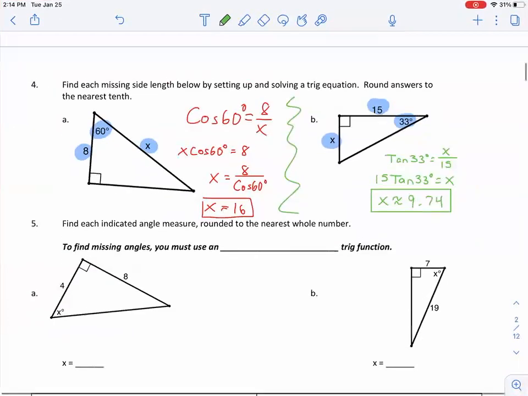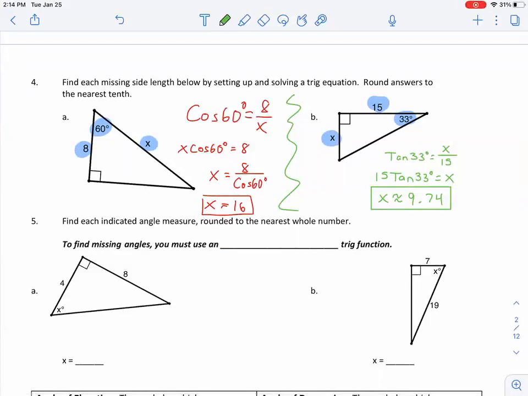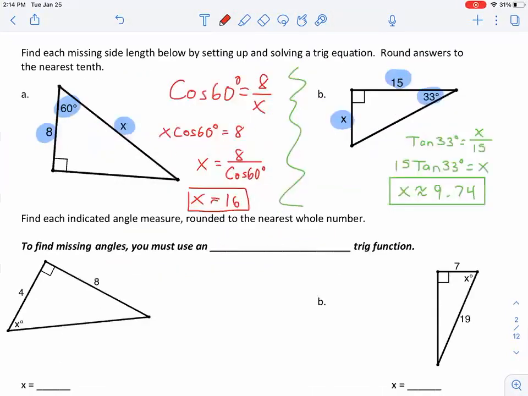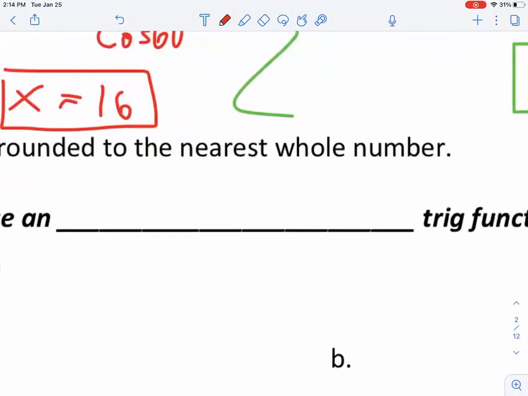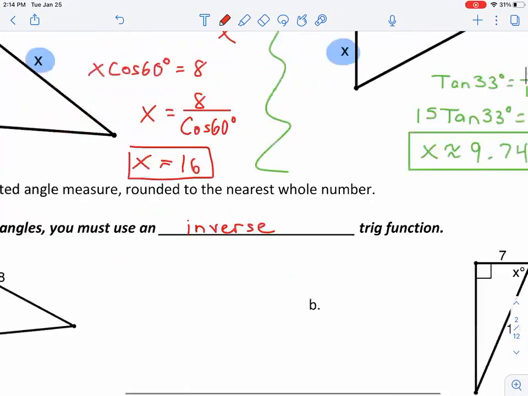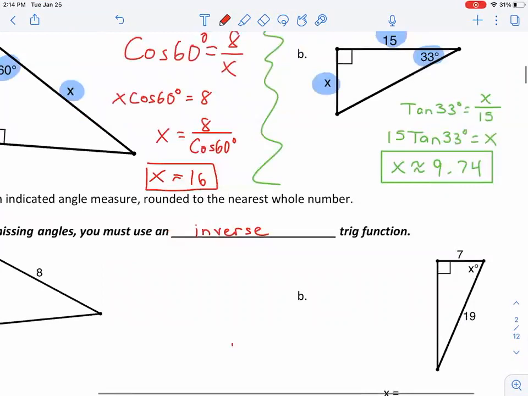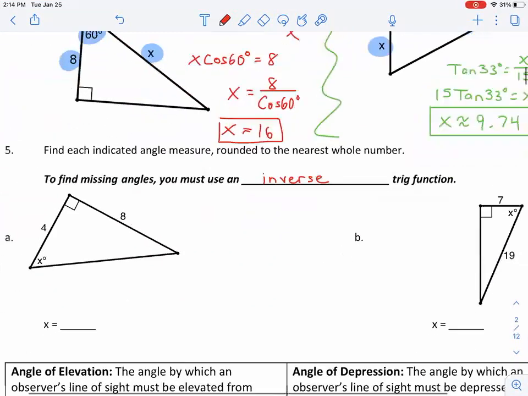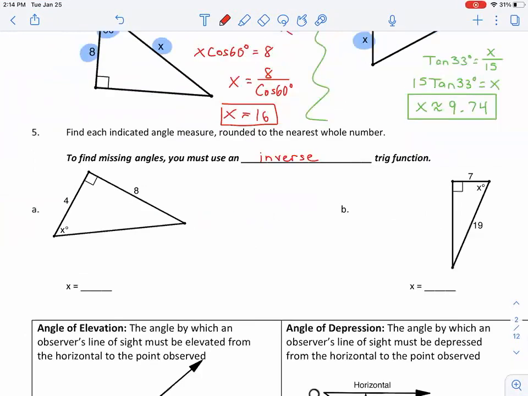All right. The 2 problems below it are where we are now trying to find an angle. So if you are trying to find an angle, as it says right here, to find missing angles, you must use an inverse trig function. So we have to use the inverse trig function to find the angle.